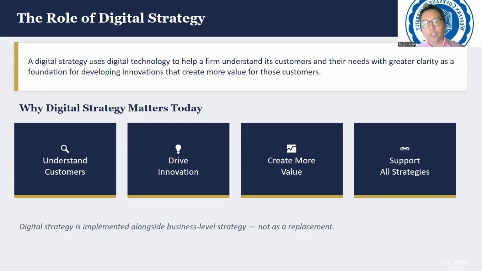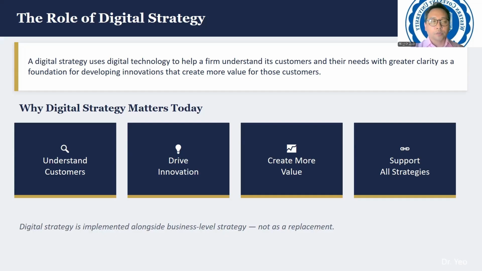Today, retailers use customer databases to know what you want before you ask. Netflix uses viewing data to decide which shows to produce. Amazon uses purchase history to recommend products. All of this is digital strategy in action.